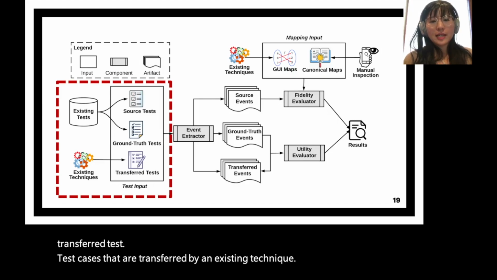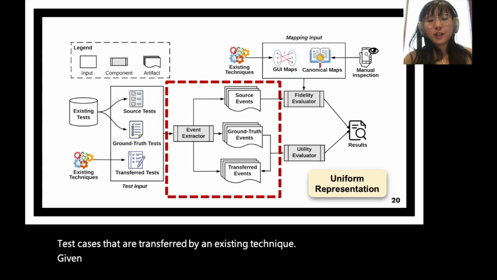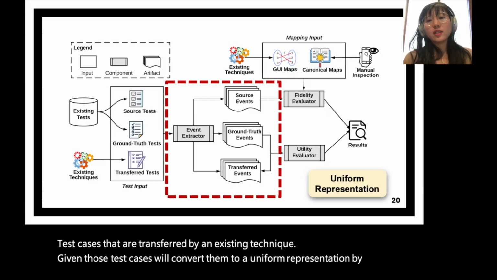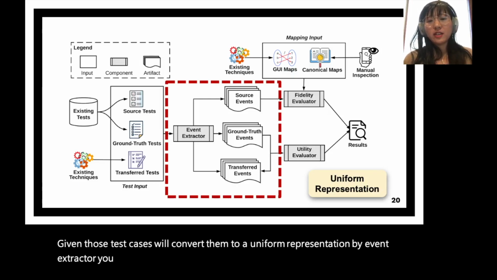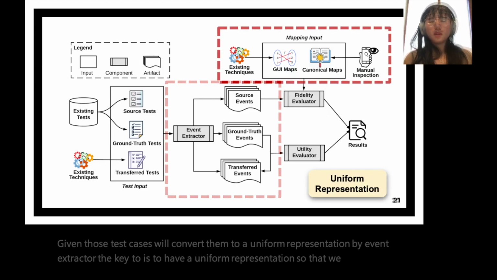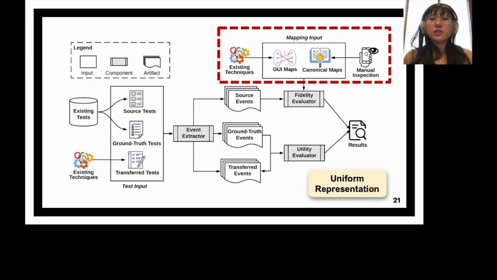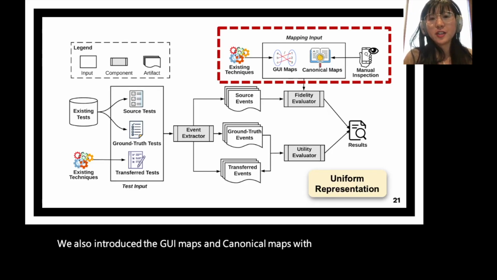Given those test cases, we convert them to a uniform representation by an event extractor. The key to automation is to have a uniform representation so that we can automate the process, right? We also introduced the GUI maps and canonical maps with the uniform representation.